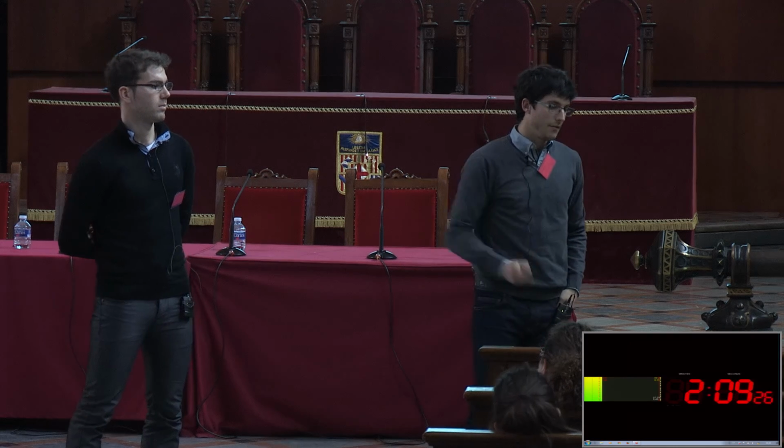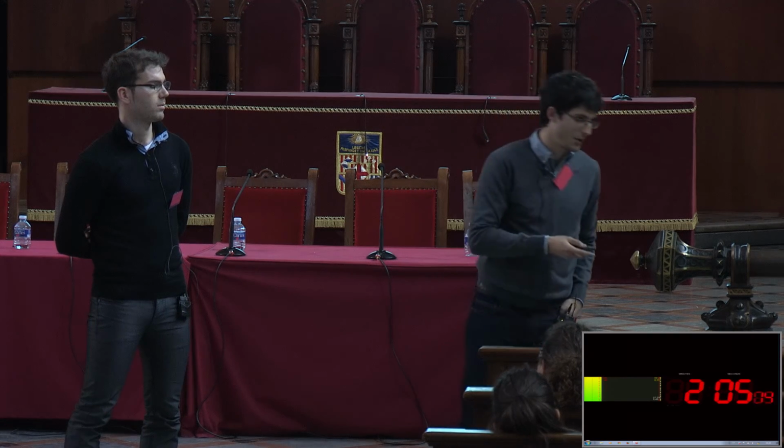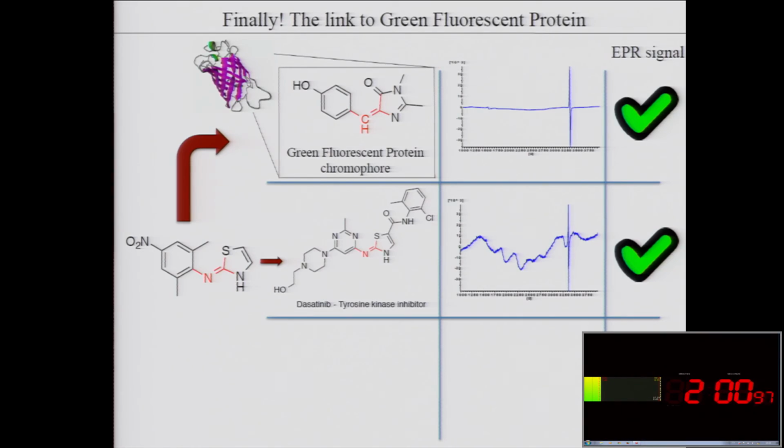And in fact, we found some other molecules, and surprisingly, this molecule is dasatinib. Some of you might know it because it's the best-selling anti-cancer drug on the market. And it displays here in red the very same structural pattern. So we bought the drug, and straight from the pot, we put it in the SQUID, which is the machine that measures this.